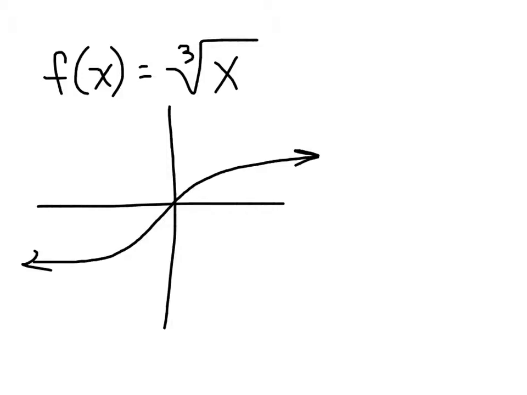Now, what's the domain? What's the range? Where does the domain go? How about to the left? Where does it go? Forever. How about to the right? Forever. Now, the way that you list that out, if you're going to do it in interval notation, is forever to the left is negative infinity.